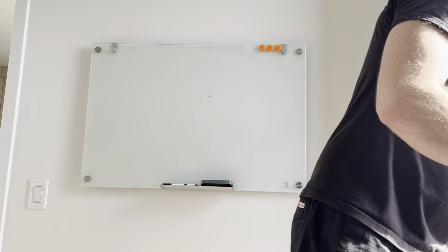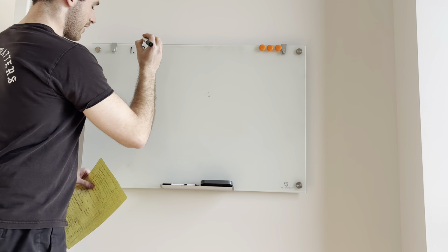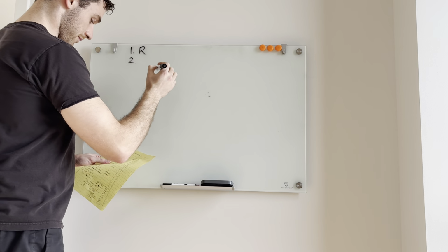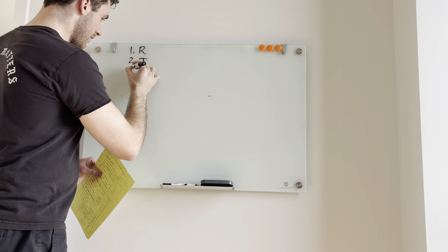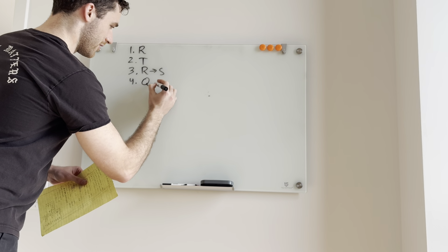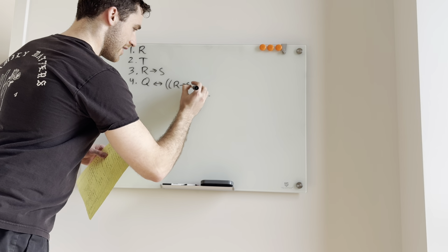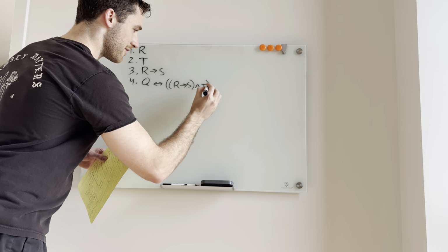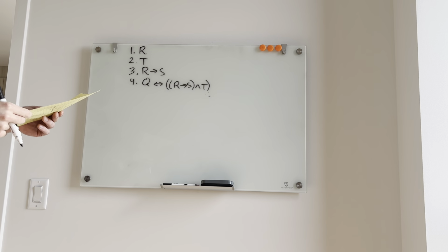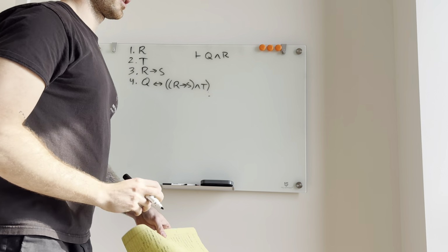Okay, we're going to do 2 more. So this one, we're going to get R, and we're going to get T, and we're going to get R implies S, and we also know Q, and this one's kind of long, Q if and only if R implies S and T. And we want to prove Q and R. Okay.